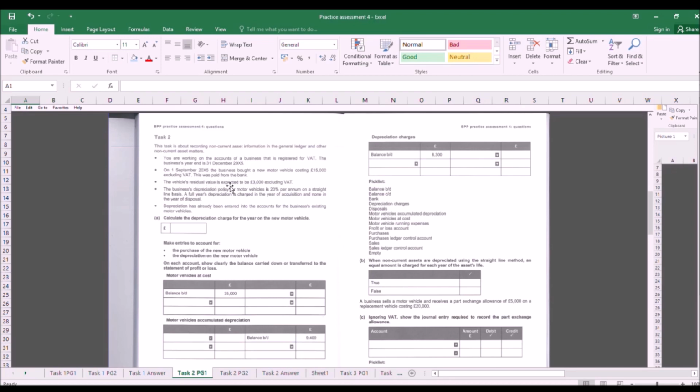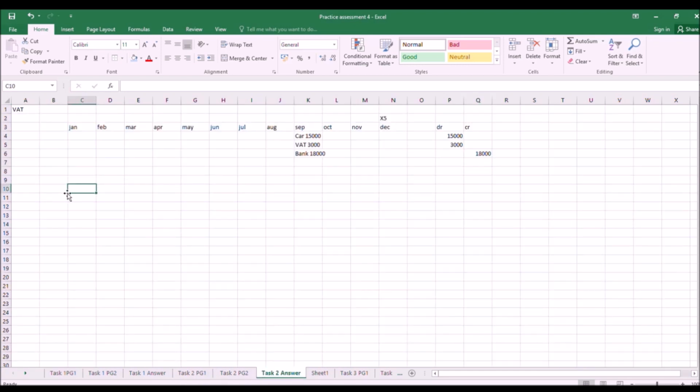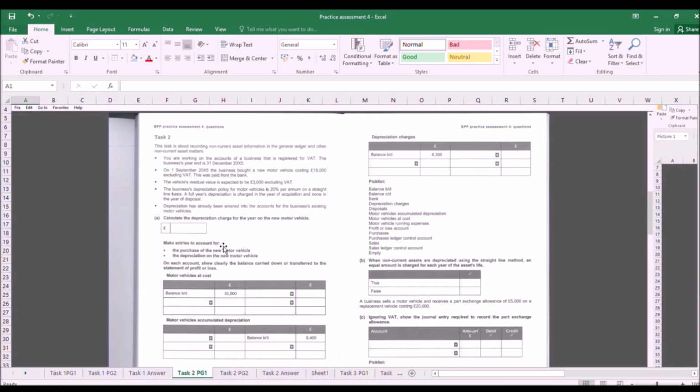The residual value is expected to be 3,000, excluding VAT. So we've got some kind of residual value going on here. Let's set up our cost and residual value: cost 15,000 quid, 3,000 residual value. Now we need a rate or useful economic life for our depreciation rate. The business depreciation policy for all motor vehicles is 20% straight line.